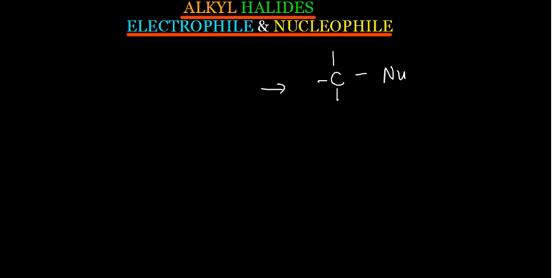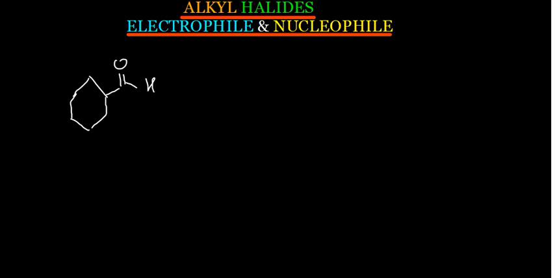Okay, let's try to write the reaction that is going to occur between this compound and a cyanide. Cyanide has a negative charge because there is a lone pair of electrons here.